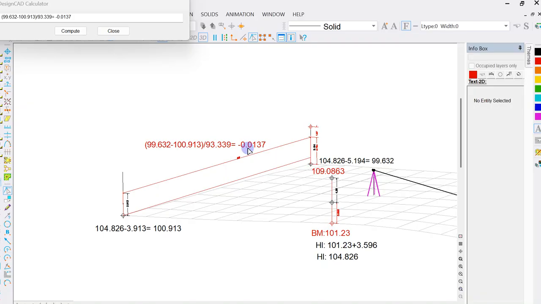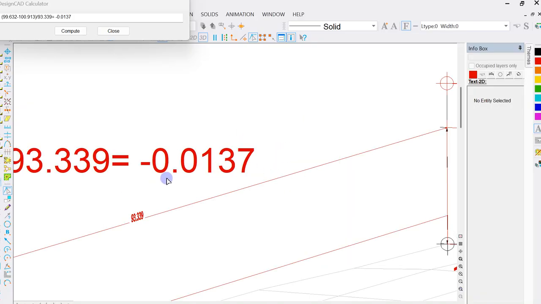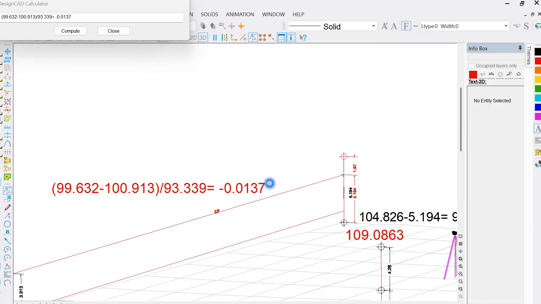Control R. Sorry about that. And then you move the decimal two places to the right, because this is a decimal. You would want percent, so it'd be 1.4%, or 1.37, depending on the accuracy that you needed.